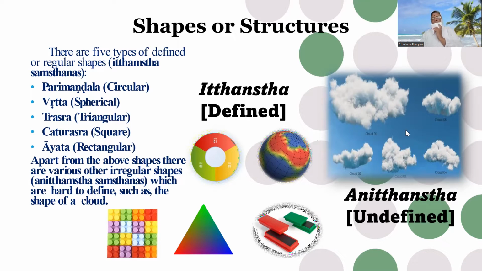For example, clouds have different shapes. Nobody can define what kind of shape they have. We can just say it is the shape of the cloud, but the particular names given to these structures cannot be given to the cloud.